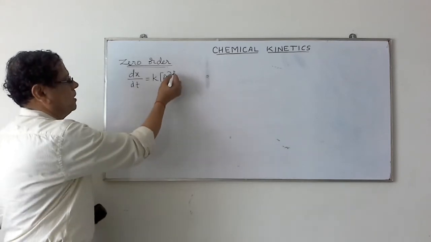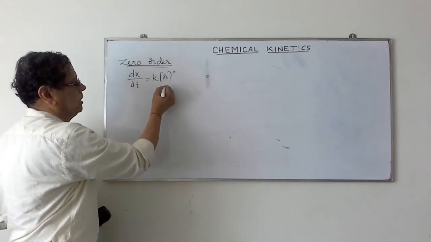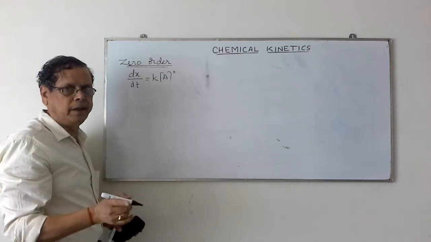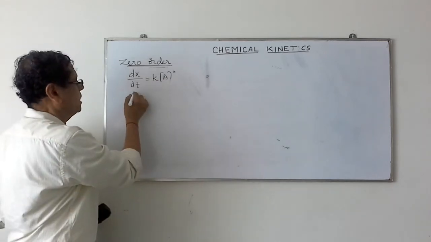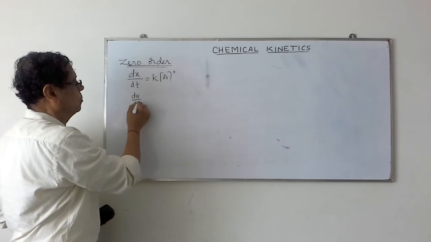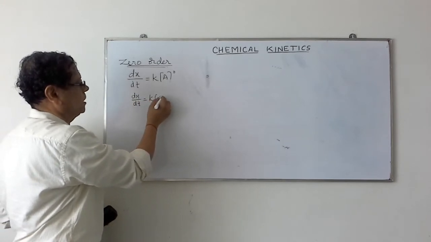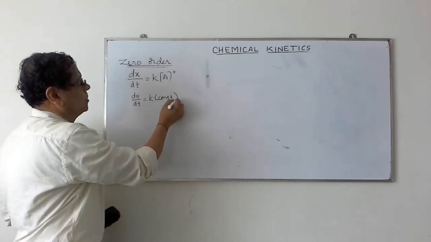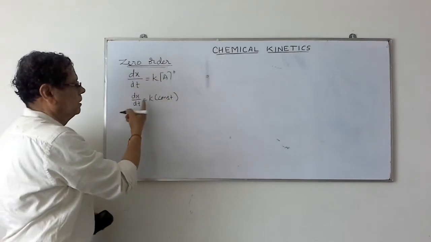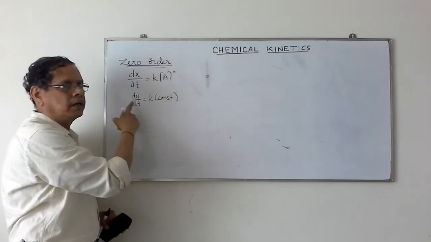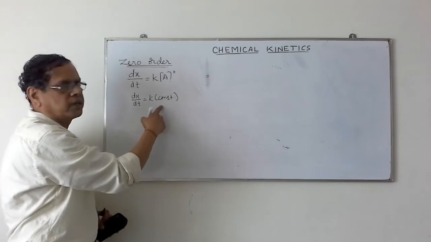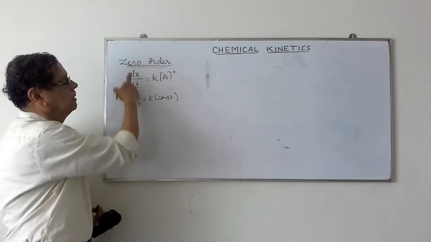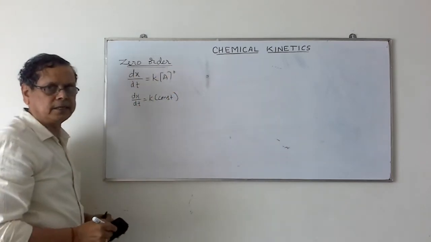That means anything to the power 0 is always 1. That's why we write this as dx by dt is equal to k, a constant. Such a reaction in which the velocity of the reaction does not depend on the concentration of the reactant is called a zero order reaction.